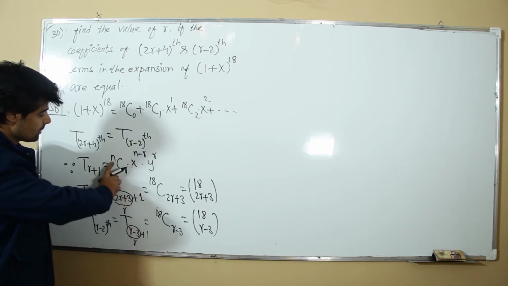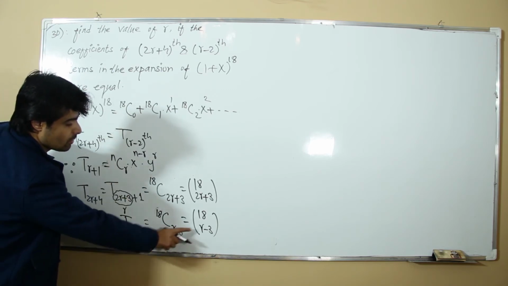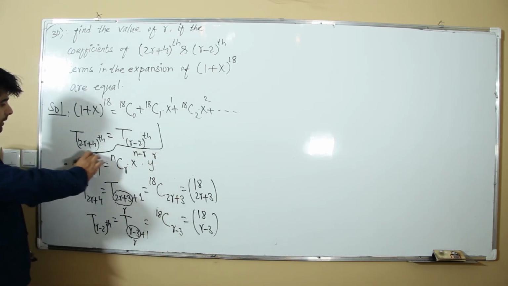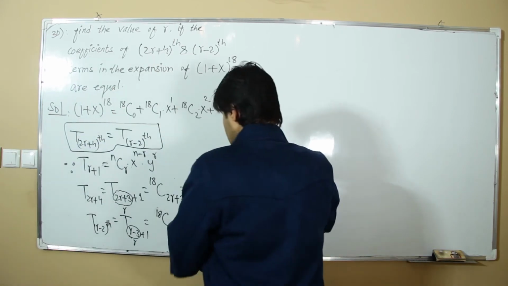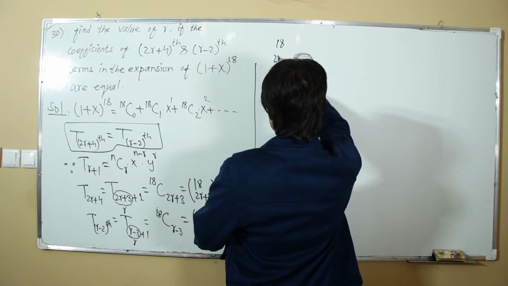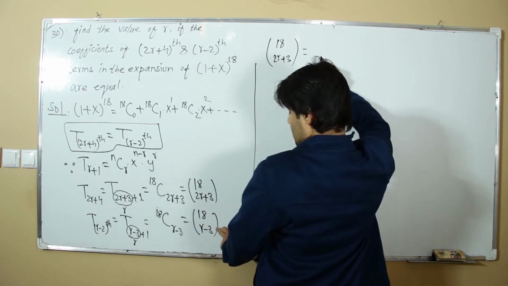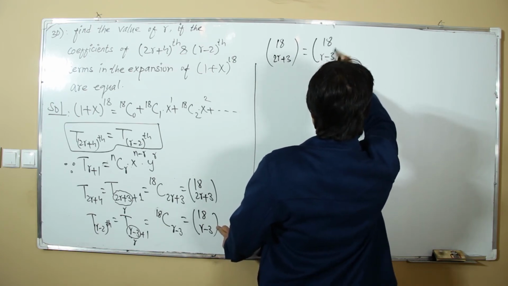So 18 c, instead of r we can write r minus 3. Now the question is, these terms are equal. I mean this one, 18 c 2r plus 3, is equal with this term 18 c r minus 3.